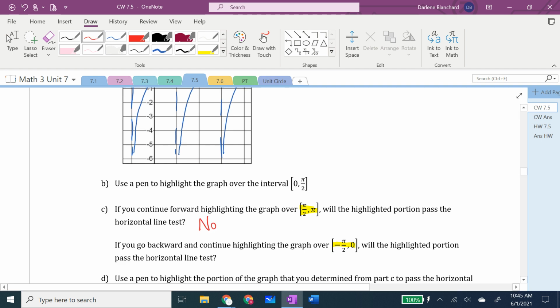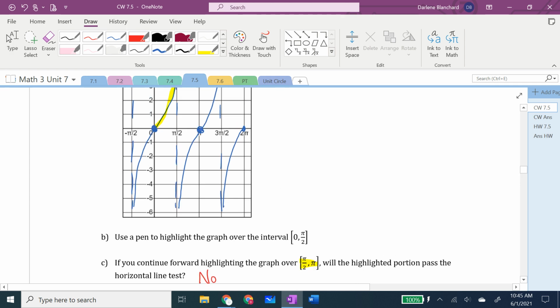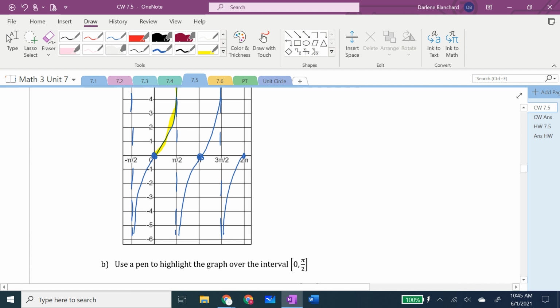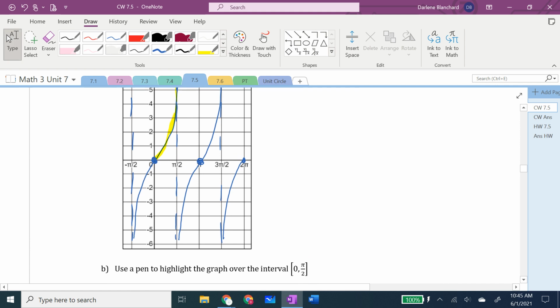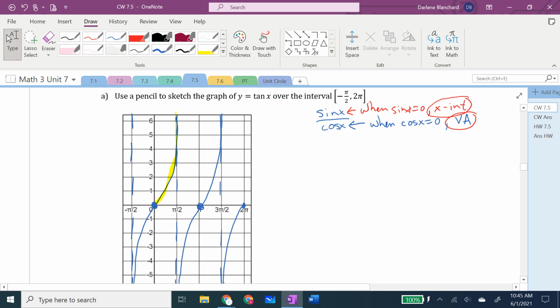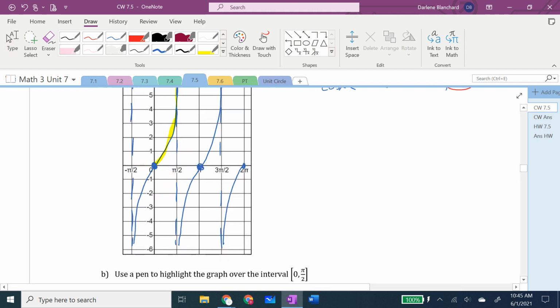Miss Blanchard, why would you highlight points or lines on the opposite side of the x-axis? You mean on the opposite sides of the x-axis? What I'm doing is, for each one of these, I'm going to be highlighting from 0 to pi over 2.